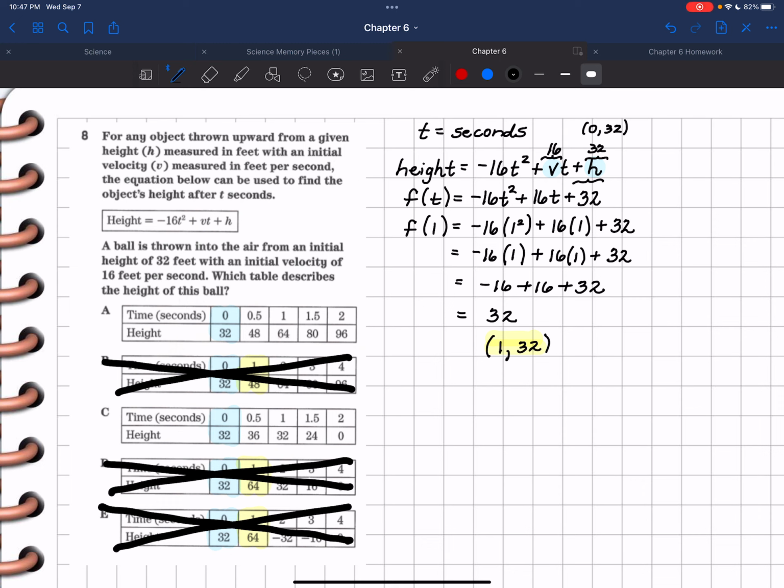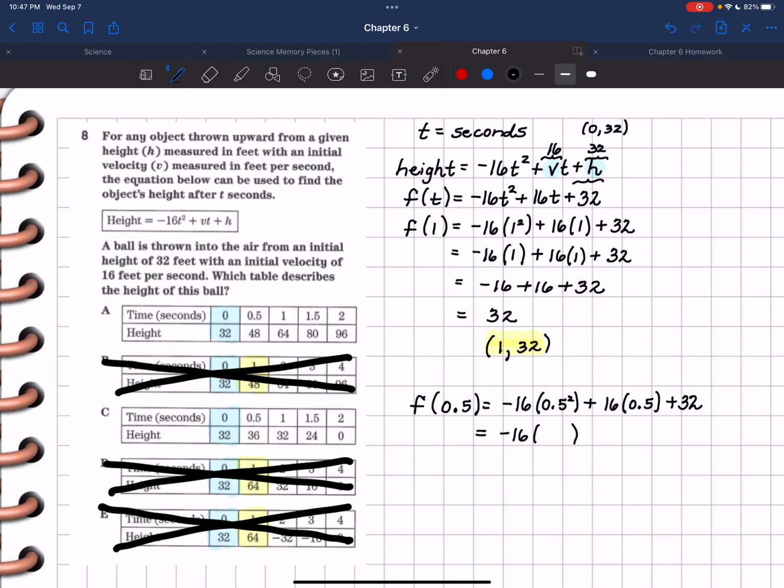So I'm going to try the 0.5 that is in both of those. So I'm going to say when time is half a second, I will have negative 16 times 0.5 squared plus 16 times 0.5 plus 32. So I will have negative 16, and this should be 0.25, but let's be sure.